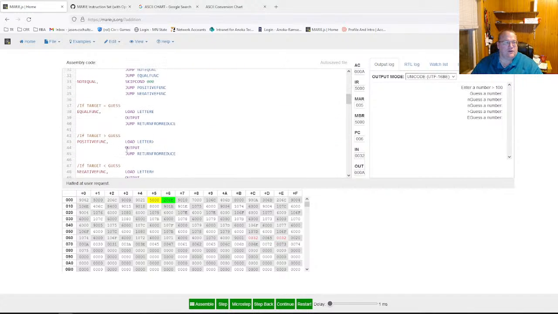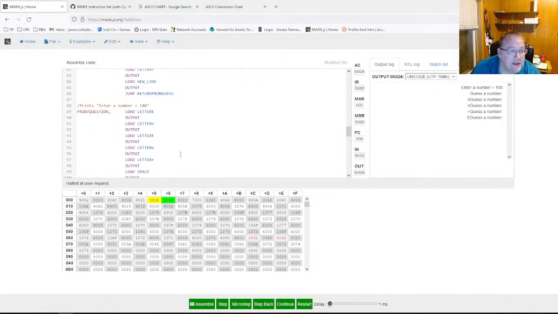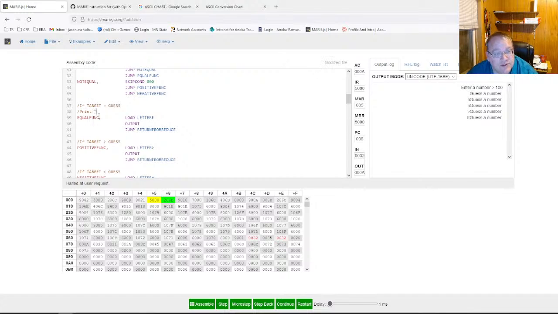So what we want to do is, so let's do the equal one first. Print, and put the quotes around this. You guessed.